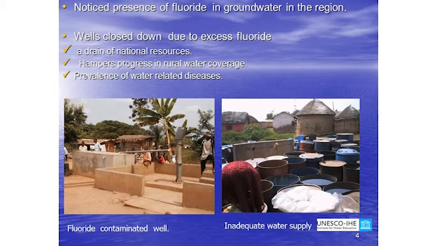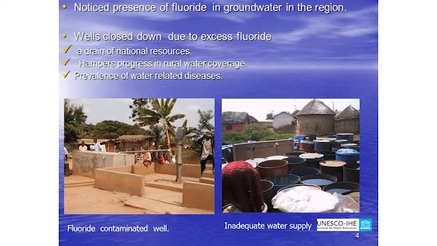Now, somewhere in 2001, we noticed the presence of fluoride in the groundwater in that area. So our first attempt was to try and treat it. On this side is a groundwater borehole which is contaminated with fluoride, and we tried treating it.